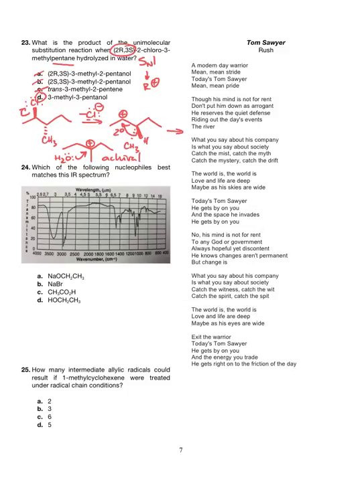Question 24 is asking you which of the following nucleophiles best matches this IR spectrum. So notice this broad OH peak at about 3400. The 1800 region indicates no carbonyl.